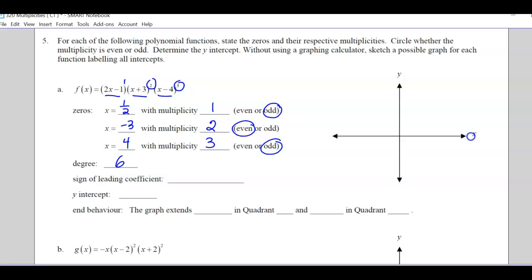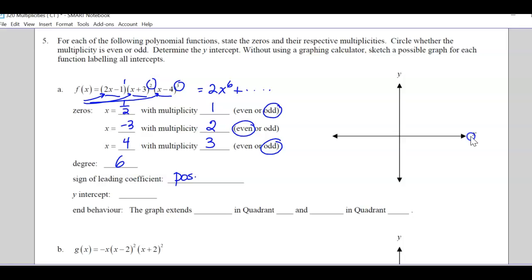Sign of the leading coefficient. So you want to look at each x term and what exponent it is. So this is 2x, so nothing changes because the exponent is 1. X squared is x squared, x cubed, so this would be equal to 2x to the 6 plus a whole bunch of other terms. So that's a positive leading coefficient.